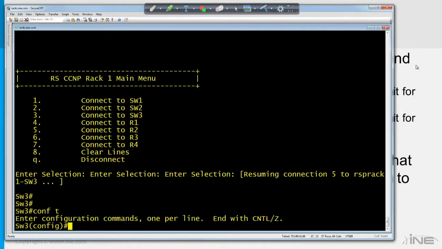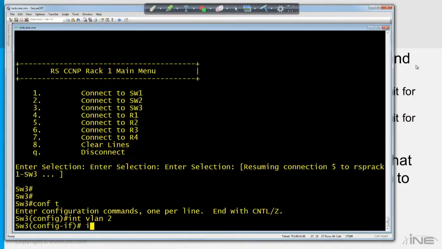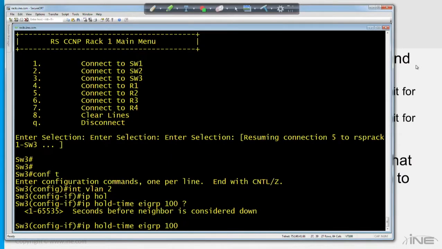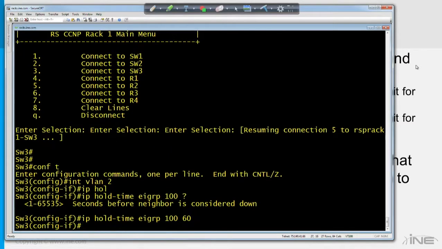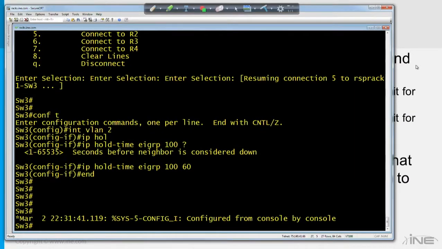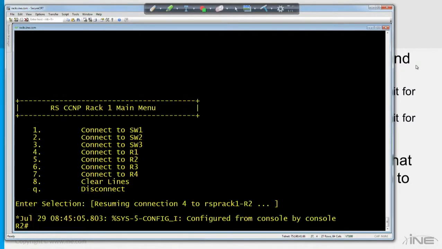This is going to be on interface VLAN 2, my layer 3 interface of the switch. ip hold-time eigrp 100, and we want to set it to 1 minute, so it's going to be 60. All right, now let's verify that R2 has learned that.